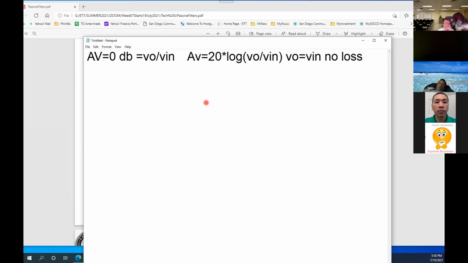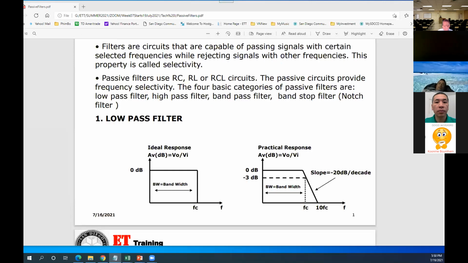You apply 10 volts, it's coming out 10 volts. That means you have not lost anything. What is the name of the part right here? Who knows?